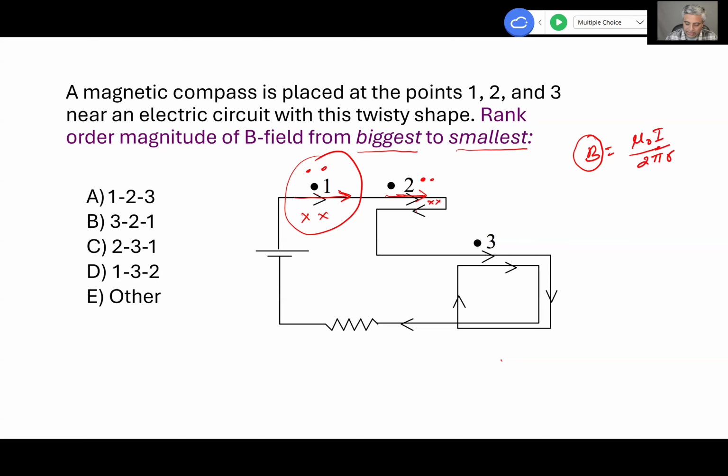But if we do the same thing over here, what's going to happen? Since it's going in the opposite direction, when I grab the wire, the current is in the opposite direction. So the magnetic field due to this one is going to be circulating exactly opposite to that.